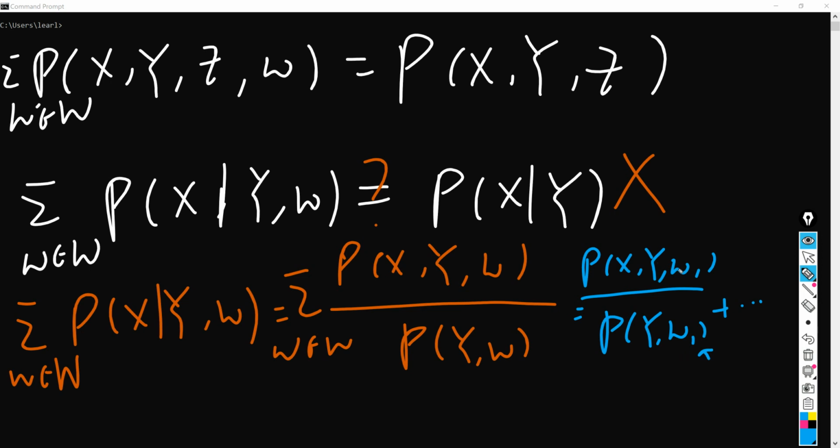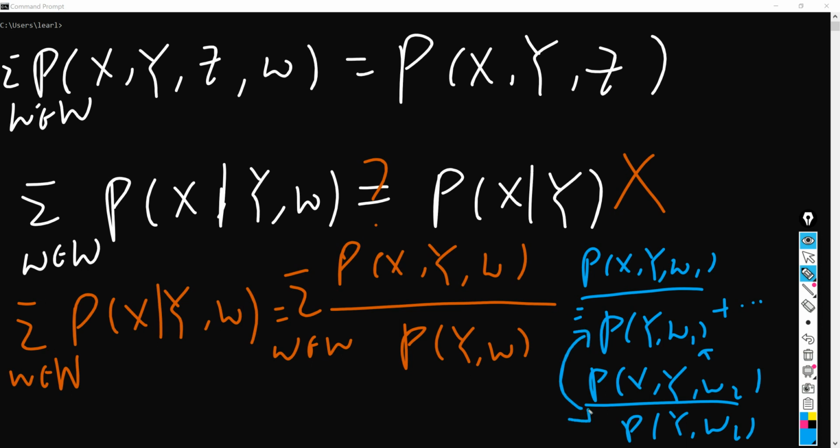So the small w here is all the possible options for the capital W. And actually, since the denominator is different, for example these two terms, the capital Y and also W1 and W2, their probability is actually different. So we are unable to add the denominators together in order to achieve X and Y.